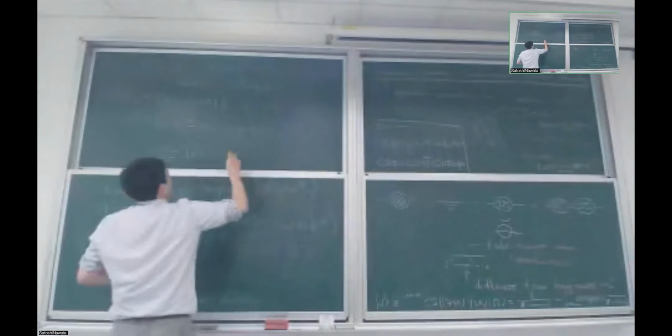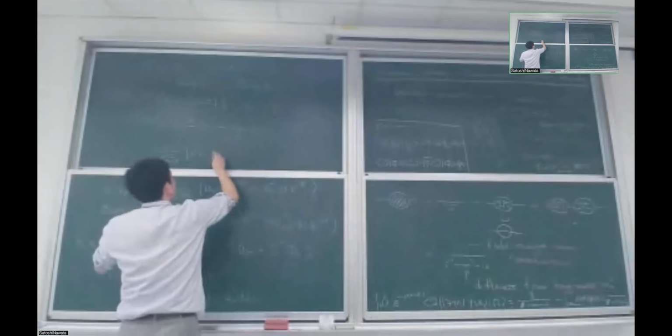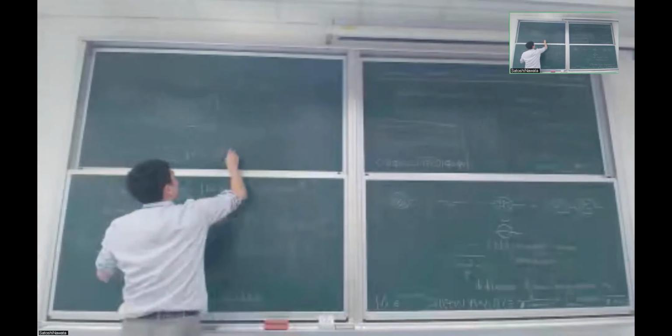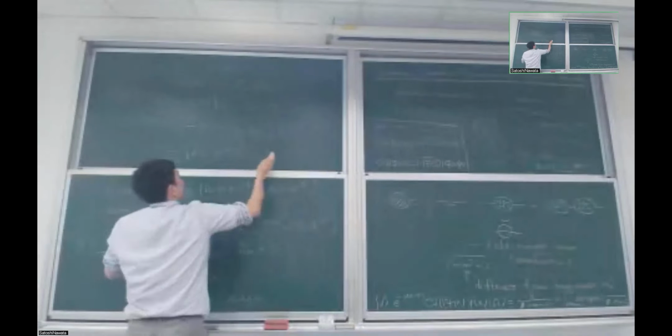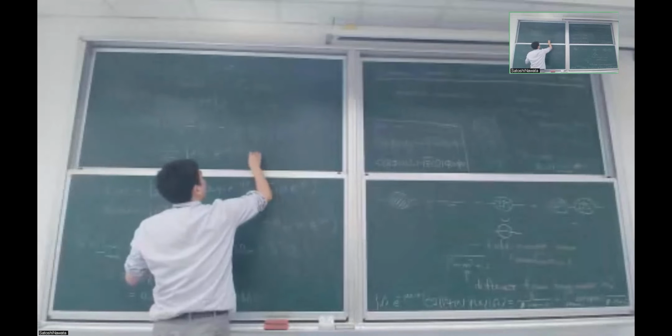Oh yeah, you're right, this is a missing bar. Sorry. It is e to the minus i q1 of x1, and then partial 0.